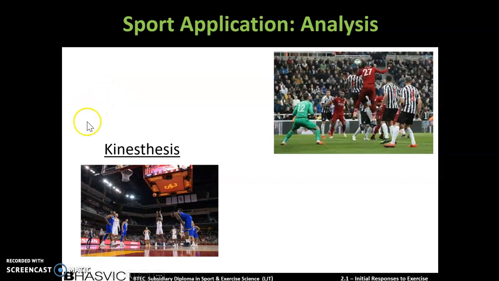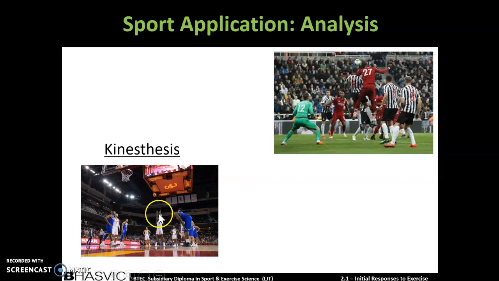You also have kinesthesis, and this is using proprioceptors to, in a way, have a feel of what is good and what isn't in a sport.